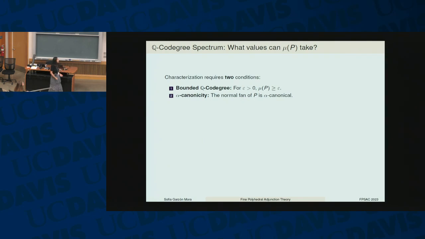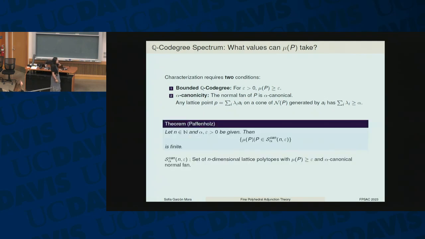And what does this mean? Well, if I take any lattice point on its normal fan, and I write it as a linear combination of the generators of the cone it belongs to, then I require that the sum of these coefficients is at least alpha. And this is the alpha from alpha canonical. So I require these two conditions to characterize the Q codegree spectrum.